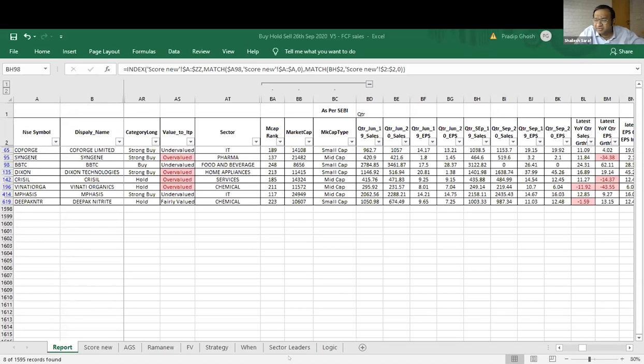See the price: today BBTC has closed at 1270, and that appears after 8:30 or 9:30, whenever I see it. But when you check the support and resistance based on today's price, it shows only yesterday's price. No, it doesn't get updated.